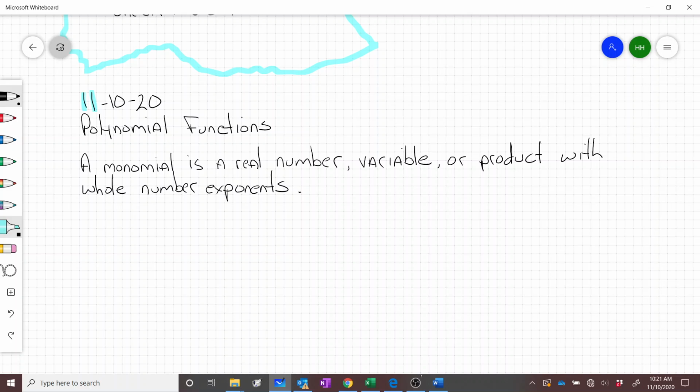The degree of a monomial is the exponent of the variable.